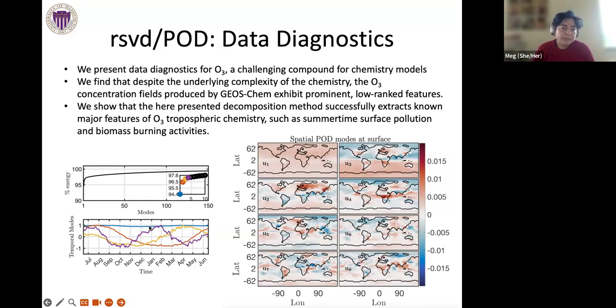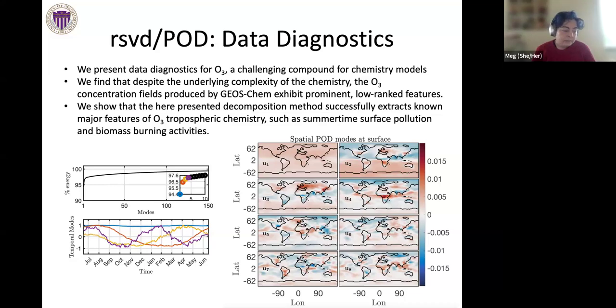From the energy spectrum, we can see that 150 modes capture almost 100% of the field energy. Inset here is the zoomed in figure of the first 10 dominant modes, and I have highlighted the first 4 here, color coded, and these are the corresponding temporal modes for those 4 dominant singular values.